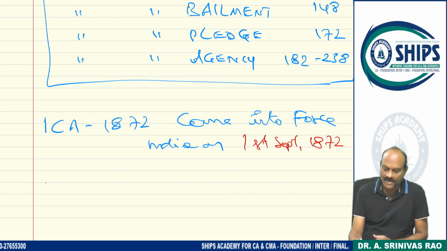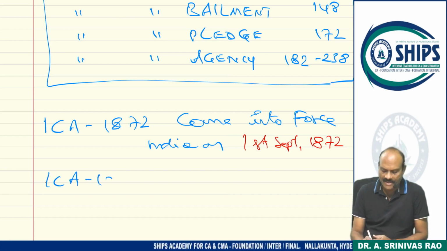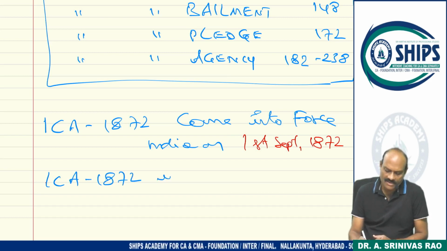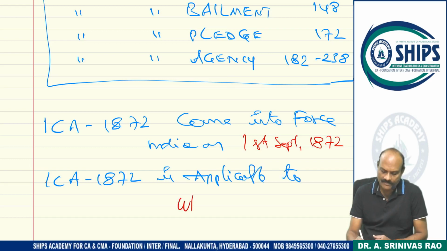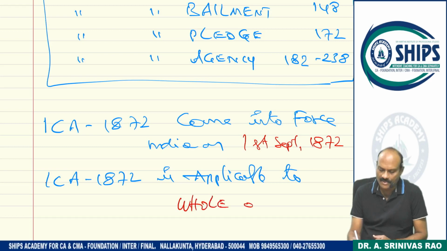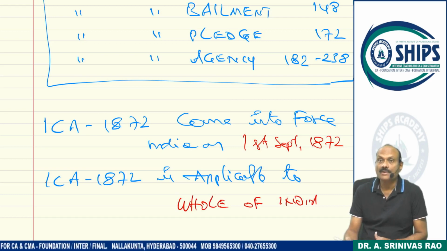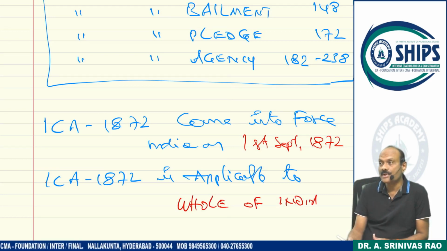ICA 1872 is applicable to whole of India today, including the state of Jammu and Kashmir.